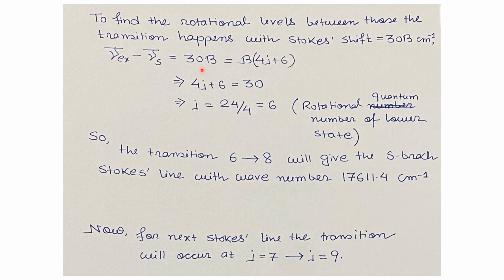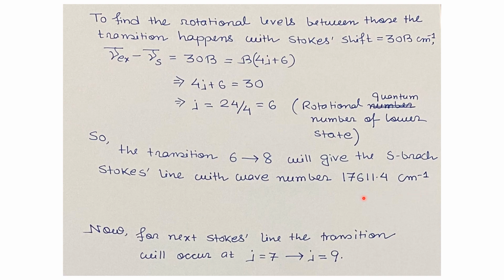This will give J equals 6, that is the rotational quantum number of the lower state from which the transition is happening. So the transition from energy level 6 to 8 will give the S branch Stokes line with wave number 17,611.4 centimeter inverse, that is given in the question.